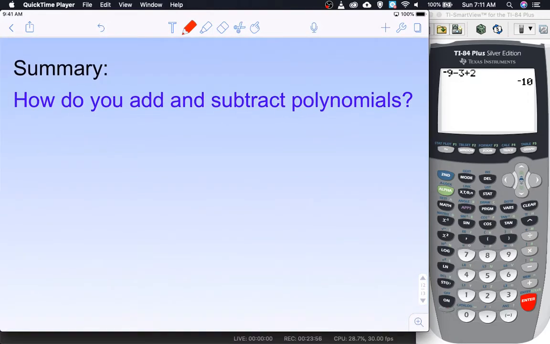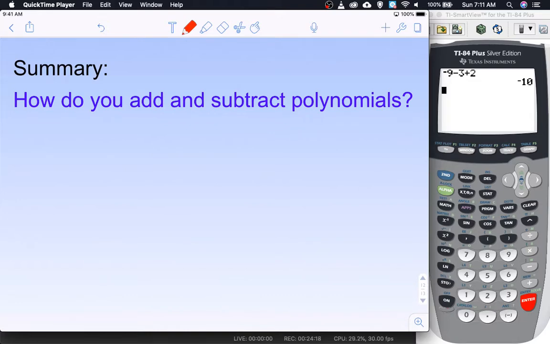And the summary. How do you add and subtract polynomials? Go ahead, pause the video, answer the question, give a little summary. How do you add and subtract polynomials? So you would combine like terms.